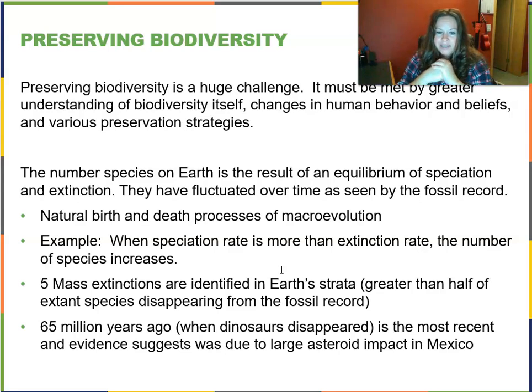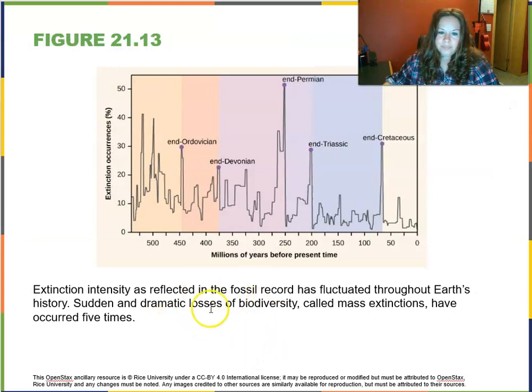The last mass extinction occurred 65 million years ago. This is when the dinosaurs disappeared. And we also have evidence that this was caused by a large asteroid impact in the Yucatan Peninsula of Mexico. So we can take a look at when the mass extinctions occurred.